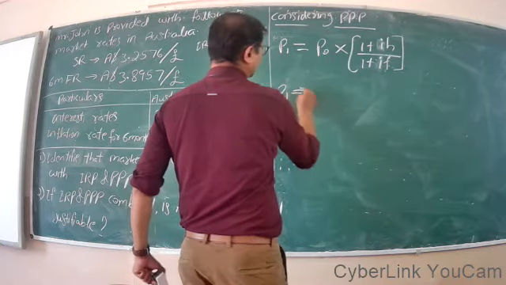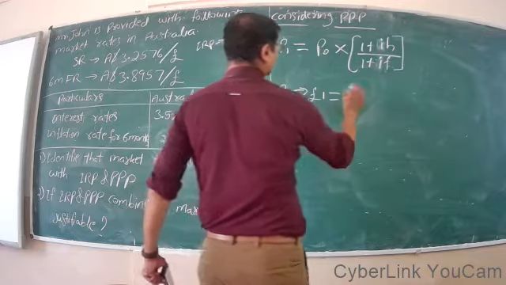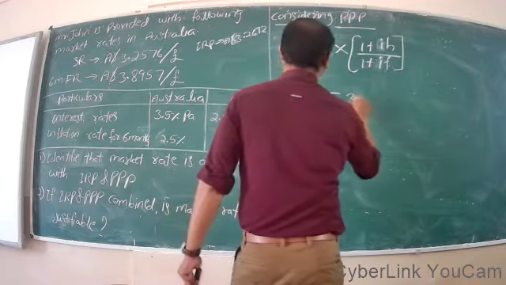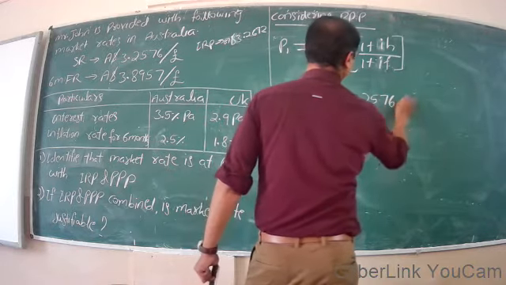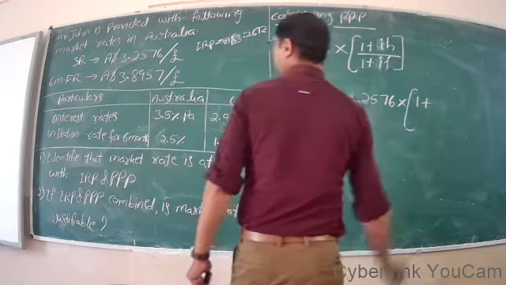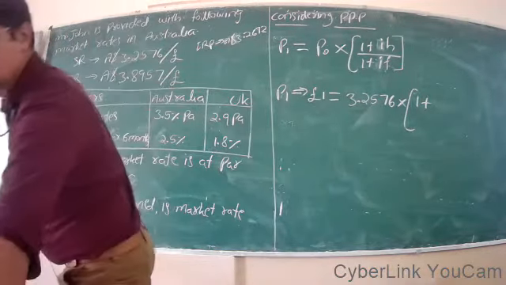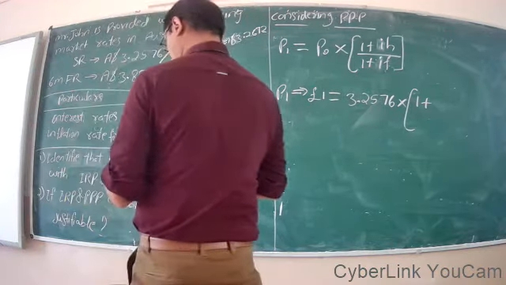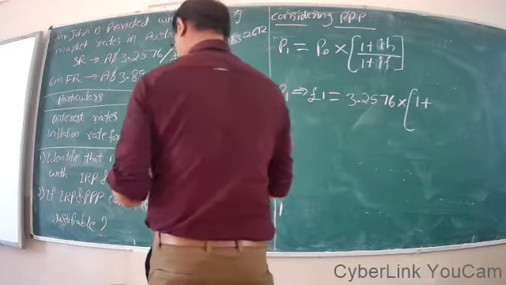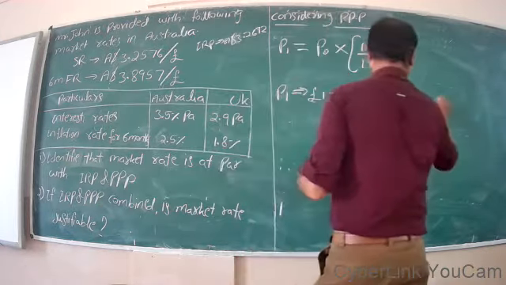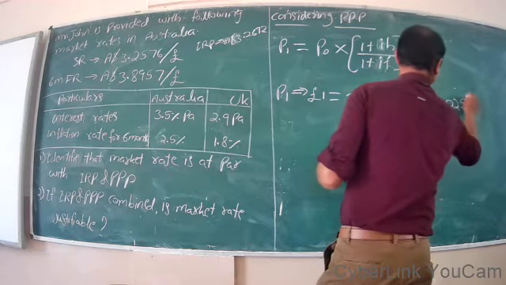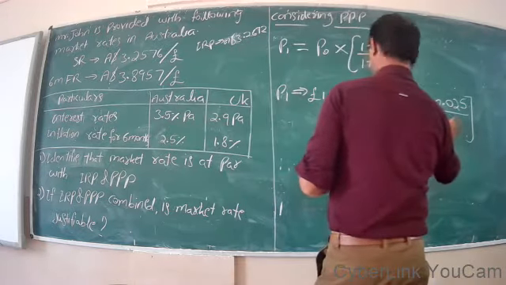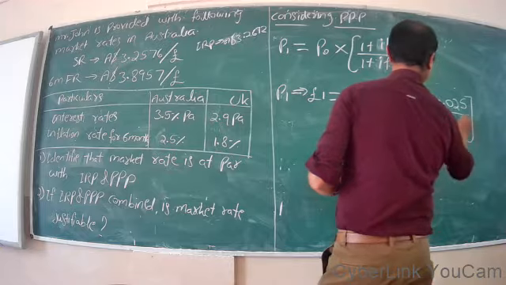So P1 is equal to P0, the spot rate or prevailing market rate, Australian dollar 3.2576, multiplied by 1 plus inflation in home country, divided by 1 plus 0.018.